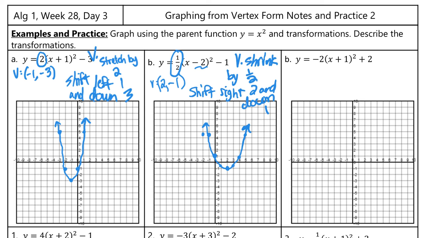So I'm going to start with the vertex, which is the opposite and the non-opposite. So -1, 2. I'm going to stretch by 2, but I'm going to go down instead of up. So instead of out 1 and down 1, I need to go out 1 and down 2.